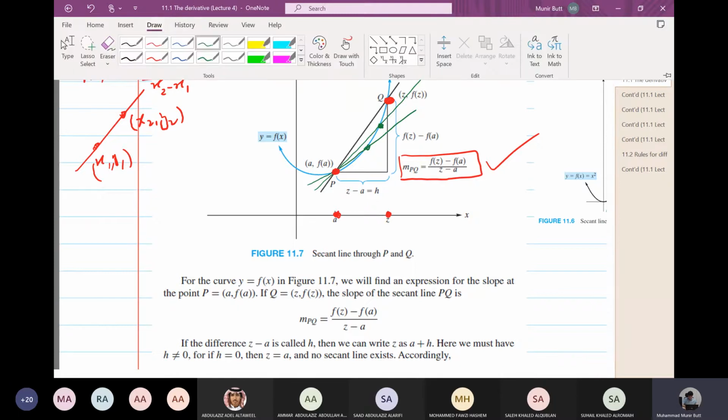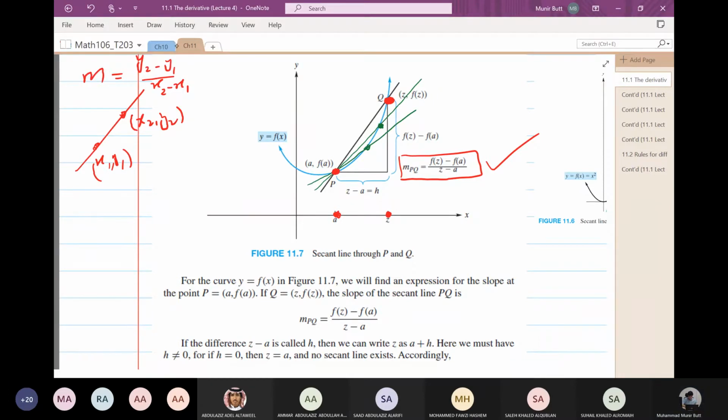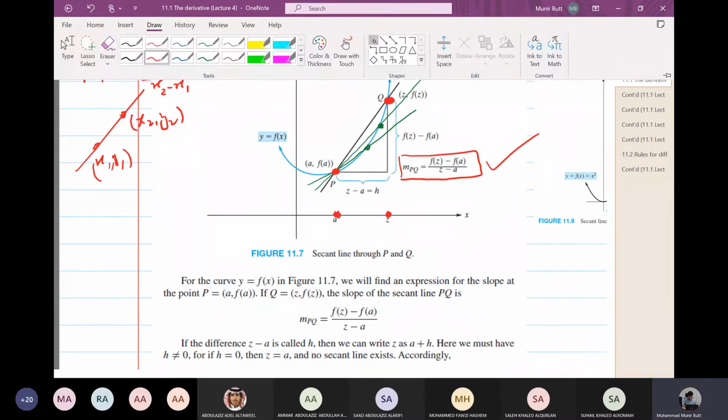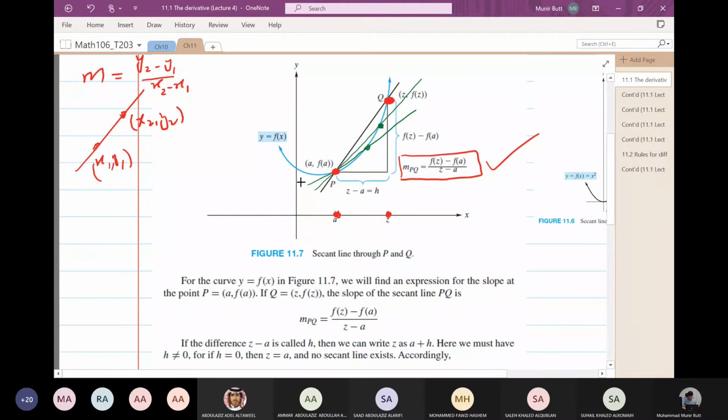Finally, I draw another line, and what I mean is this line now. This line is the tangent. Agree?